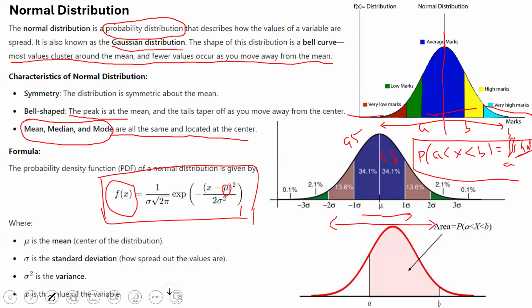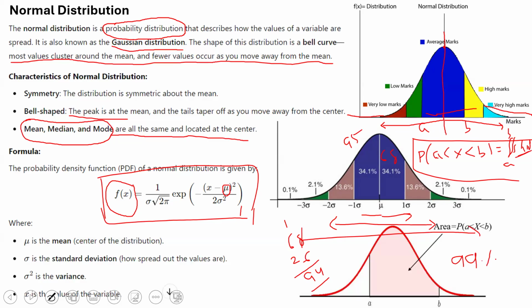What does 68 plus 26 look like? It would be 94, plus 0.5, which would be 95%. So 95% of the data resides within 2 standard deviations. And within 3 standard deviations, 95 plus 2.1 is about 99% of data.